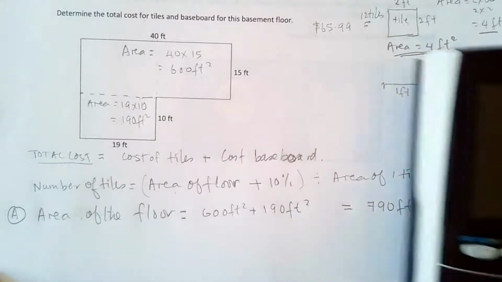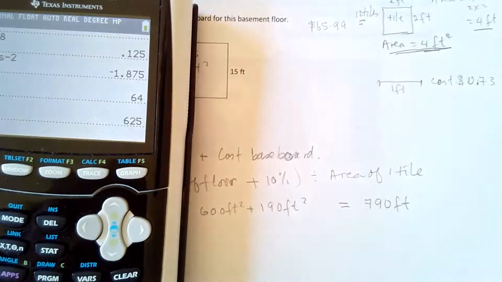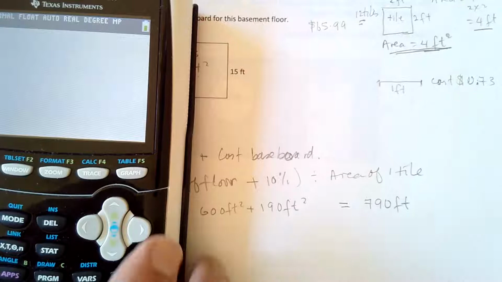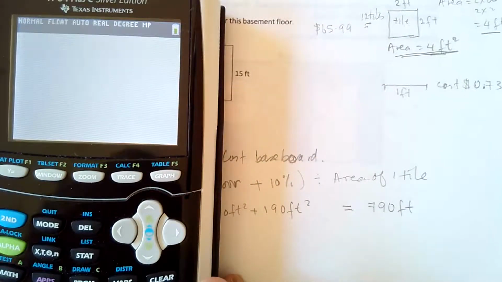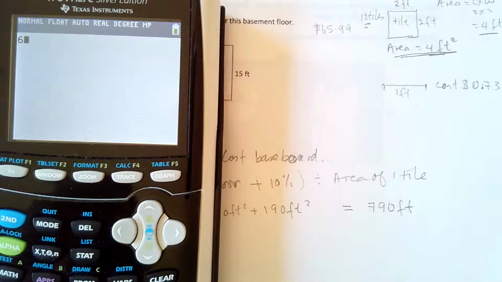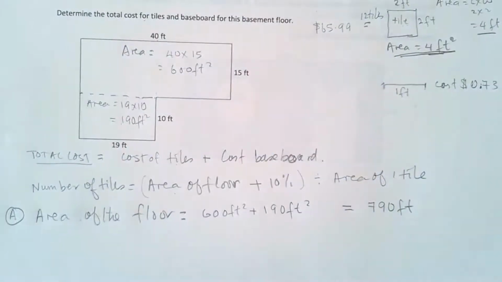I'm doing it mentally here, but I'm going to make sure I'm on the right track before I make any mistakes. Okay, let's see here. So we have 600 plus 190, gives us 790. So that's correct. So 790 square feet is the area.